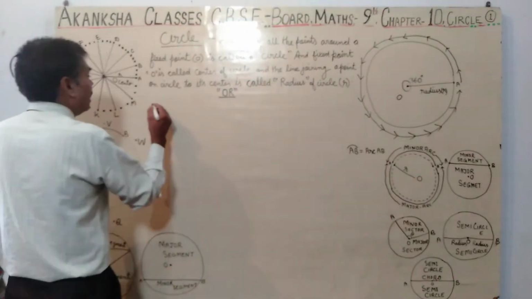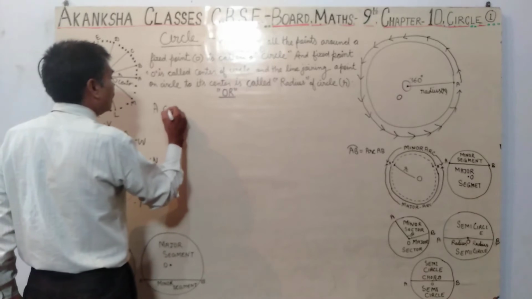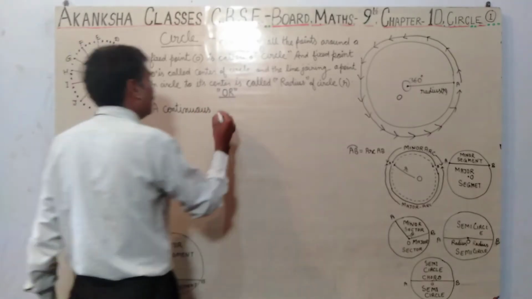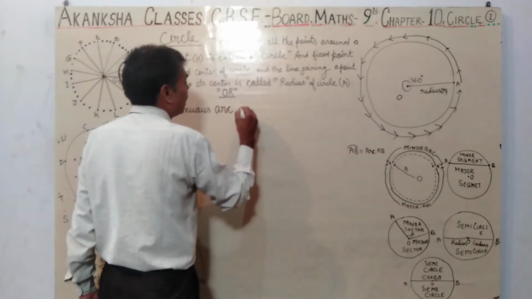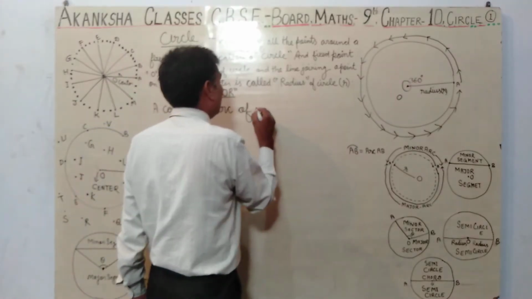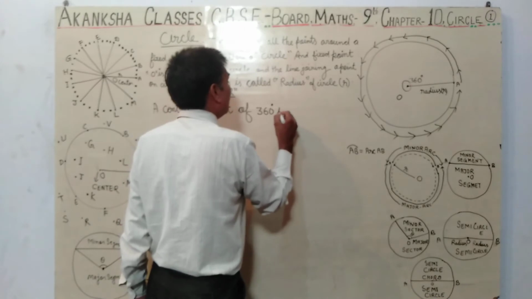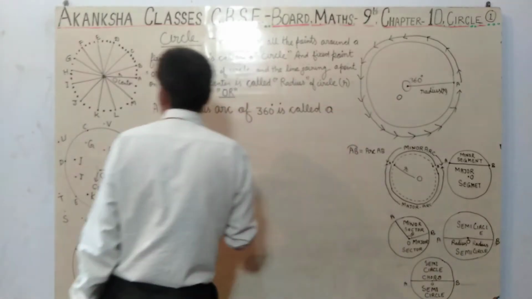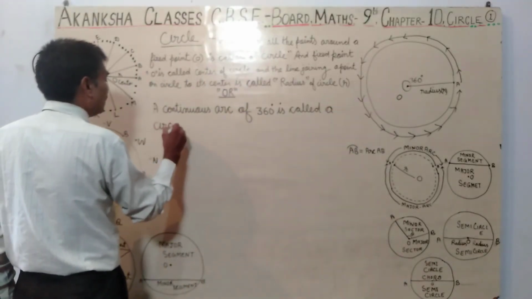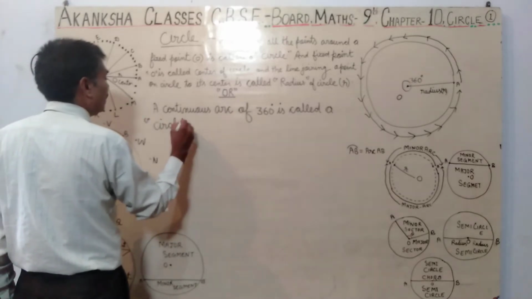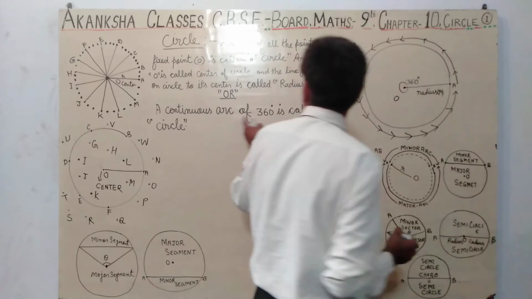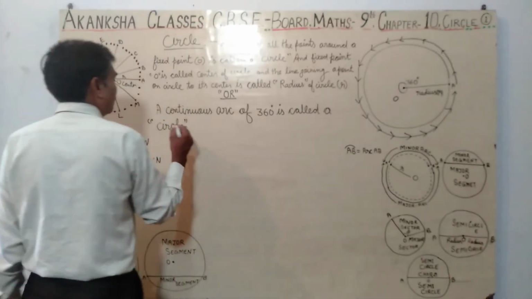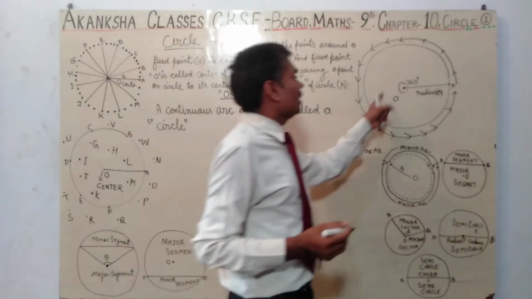What is a circle? A continuous arc of 360 degrees is called a circle. Very good definition. Students, the other terms will be the same.